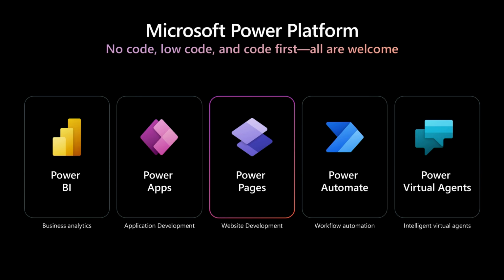This is where Power Platform can help. It offers a comprehensive suite of 5 powerful products. Power BI for business intelligence and insights, Power Apps for web and mobile applications, Power Pages for business websites, Power Automate for workflow and process automation, and Power Virtual Agents or Microsoft Copilot Studio for building and extending AI copilots.